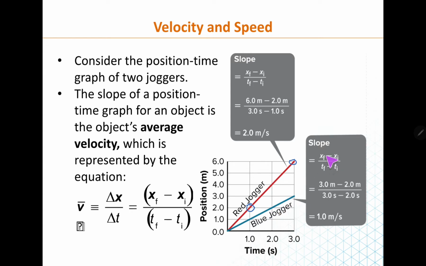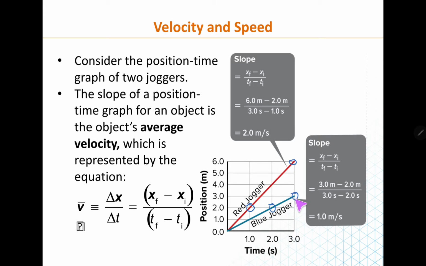So in the beginning, we should write our equation, which is x final minus x initial over t final minus t initial. And I will choose any 2 points. I will choose my points, here the first one and here the second one. So the movement started from here until here.